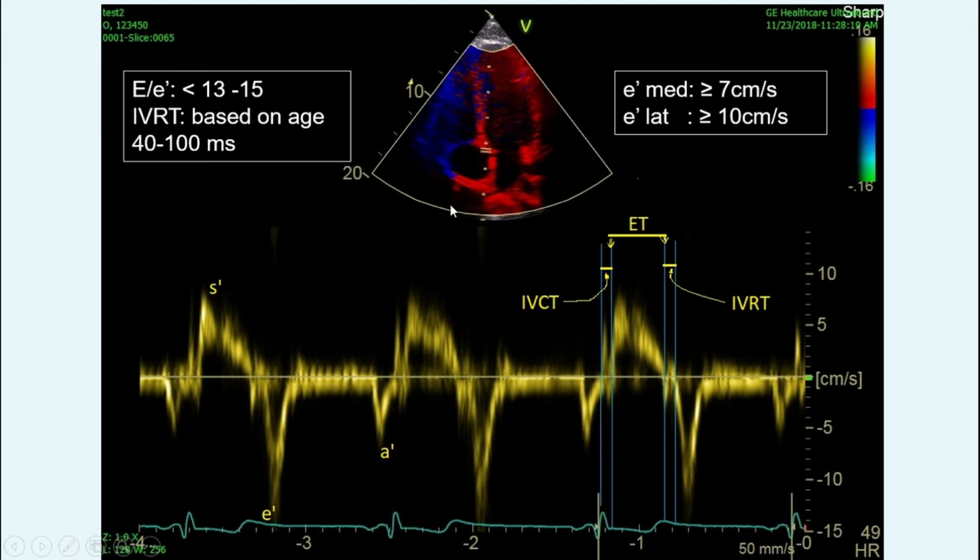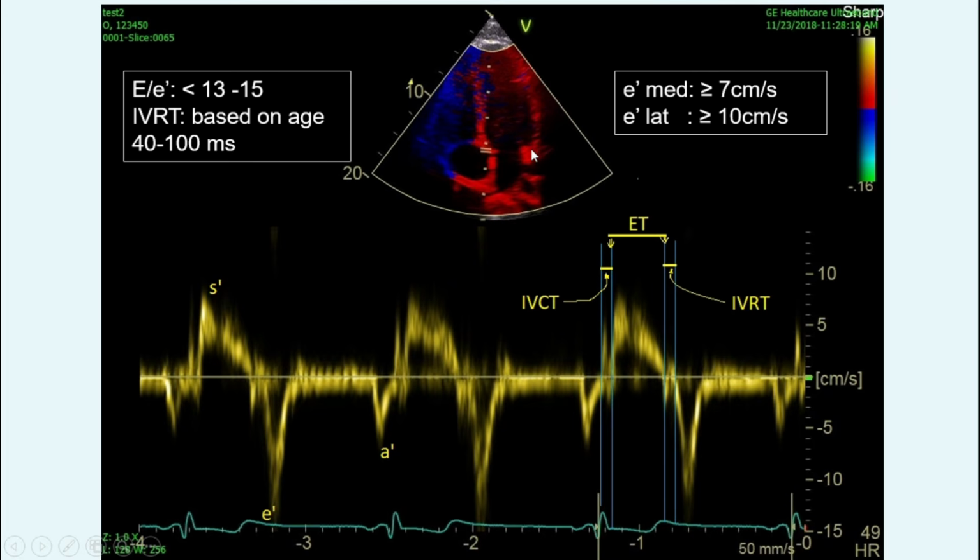The normal E prime velocity for medial is equal or more than 7 centimeters per second, and for lateral is equal or more than 10 centimeters per second. When we measure E and E prime, the machine calculates the E to E prime ratio for us. Normally, it should be less than 14 when we measure the average.